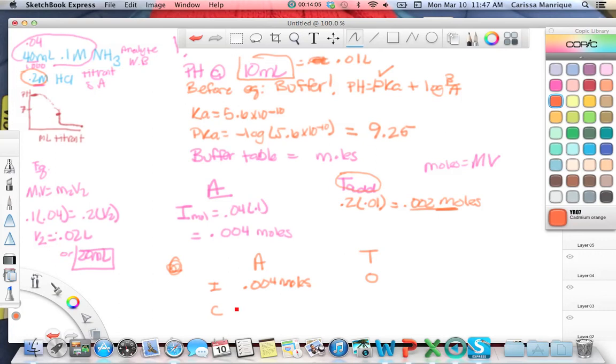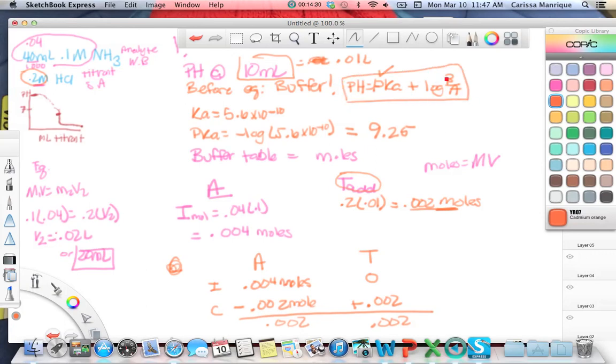So I'm going to subtract that from the analyte and add it to the titrant. Okay, so when I do this, I'm going to get 0.002 and 0.002.